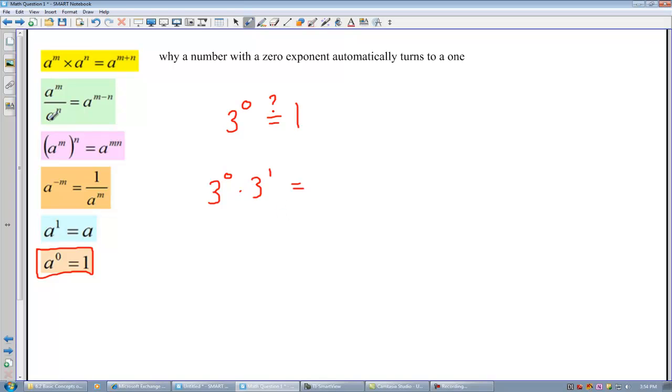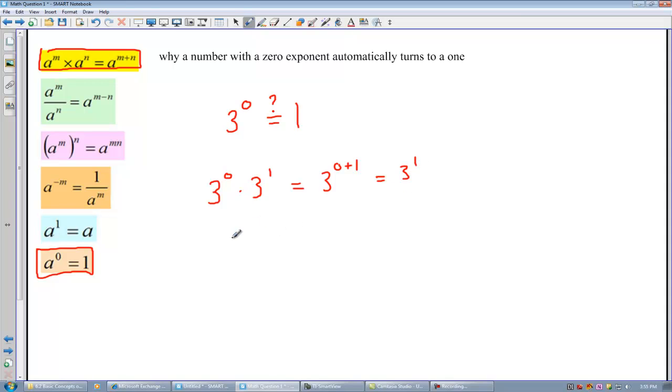Okay, so we can use one of these rules here. It says that basically a to the m times a to the n is equal to a to the m plus n. So you add exponents. In this case, we would add exponents to get 3 to the 0 plus 1. And so that's equal to 3 to the 1.